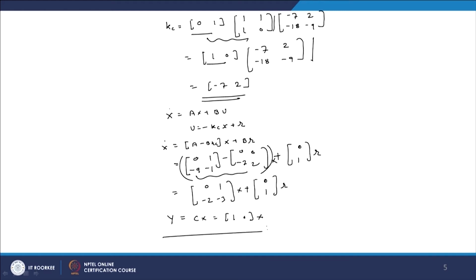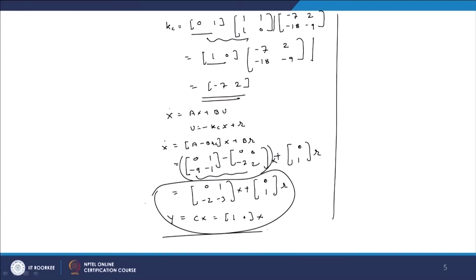So, we will find that by considering the controller in the system, we have got the state space model in this form: x dot equals A minus BK x plus B into r, and y equals Cx. This system is in companion form [0 1; minus 2 minus 3], with [0 1] and C [1 0].